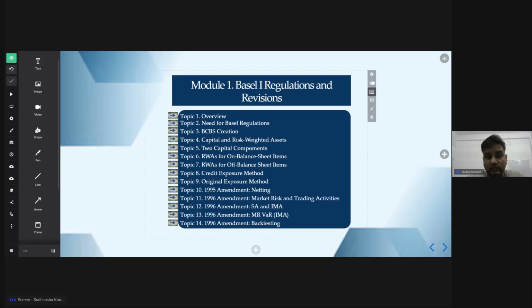First is the overview, then the need for Basel regulation, then the creation of the BCBS, the Basel Committee on Banking Supervision, capital and risk-weighted assets, two capital components, RWAs for on-balance sheet items, risk-weighted assets for off-balance sheet items, trade exposure method, original exposure method, the 1995 amendment on netting, the 1996 amendment on market risk and trading activities, the 1996 amendment on the standardized approach and the internal model approach, the 1996 amendment for market risk for the internal model approach, and then the 1996 amendment for backtesting.